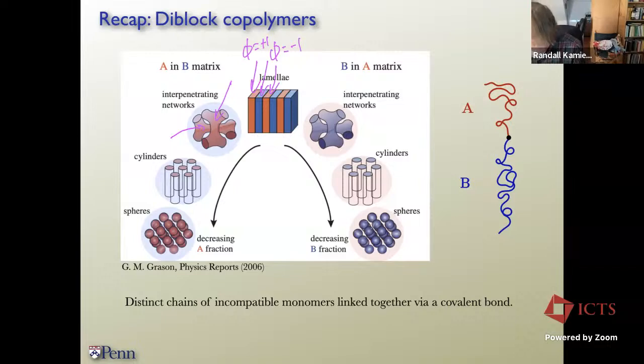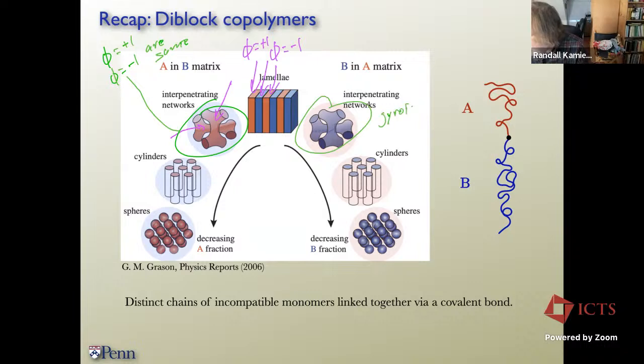These are even more exotic. These gyroid networks are more exotic because phi equals +1 and phi equals -1 are the same. They're actually physically the same thing. And that's what's different, right? My theorem should be even stronger for these, or my pseudo theorem, for the gyroid ones, because there you have two networks that really are exactly identical, and everything should be symmetric.